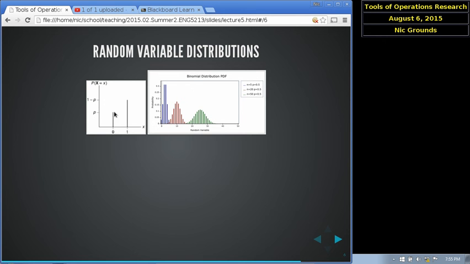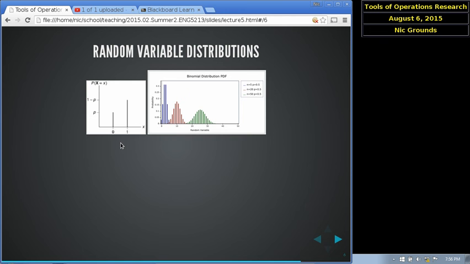So if I selected from a Bernoulli distribution one time, I'd either get a 0 or a 1. However, if I selected a value from a Bernoulli distribution two times independently, I could get a 0 and a 0, I could get a 0 and a 1, I could get a 1 and a 0, or I could get a 1 and a 1. So there's three possible outcomes for the sum.